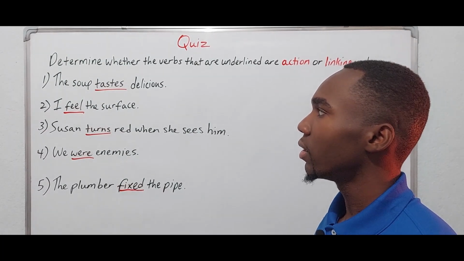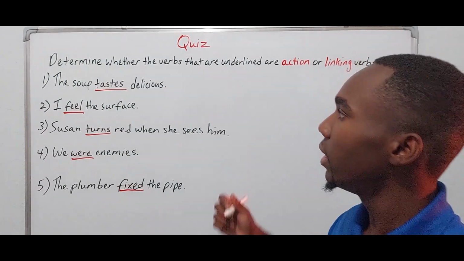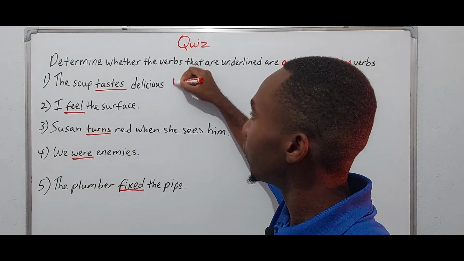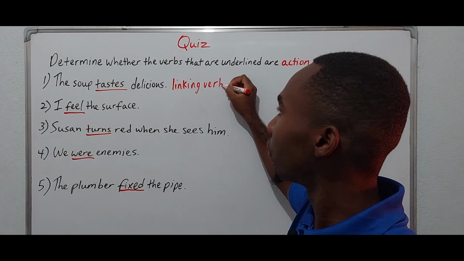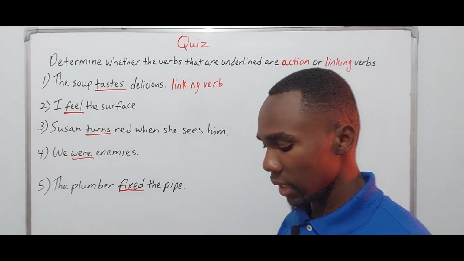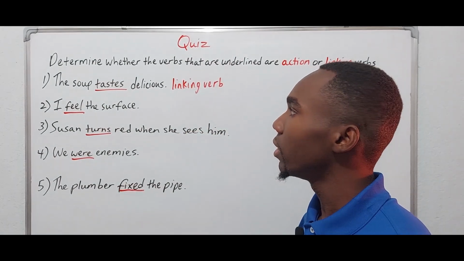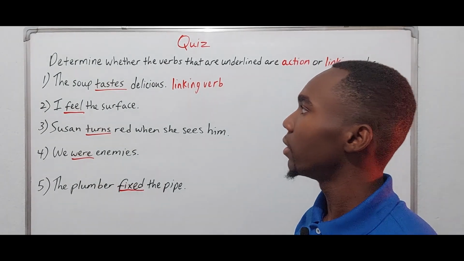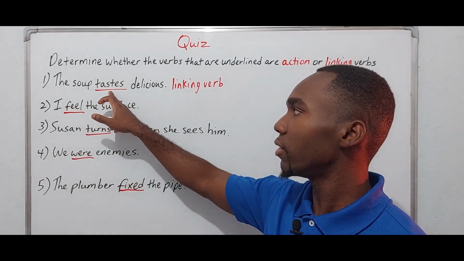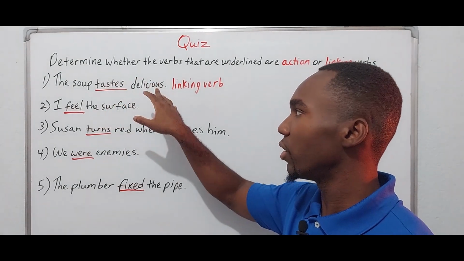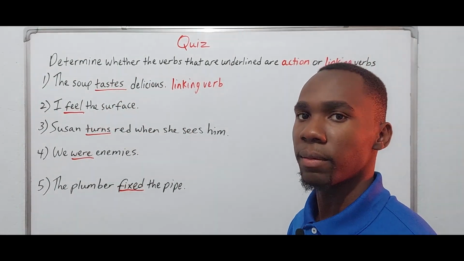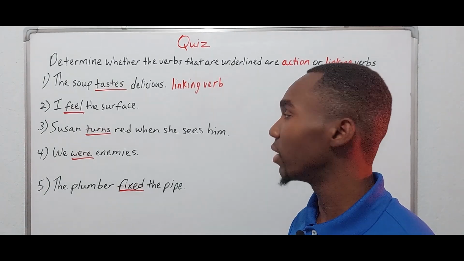So taste would have to be a linking verb. Why is that? Because first of all, soup cannot perform an action. That's one thing. And if you replace taste with the equal sign, the soup equals delicious, that would be correct. That would make sense. So this is a linking verb.